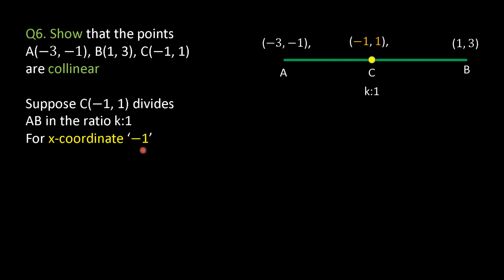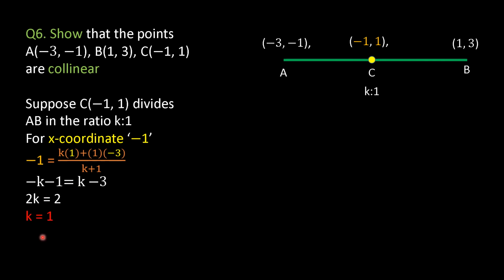For the x coordinate minus 1, minus 1 equals (k times 1 plus 1 times minus 3) upon (k plus 1), which will be minus 1 equals k minus 3. So that will be 2k equals 2. So that gives us k equals 1.